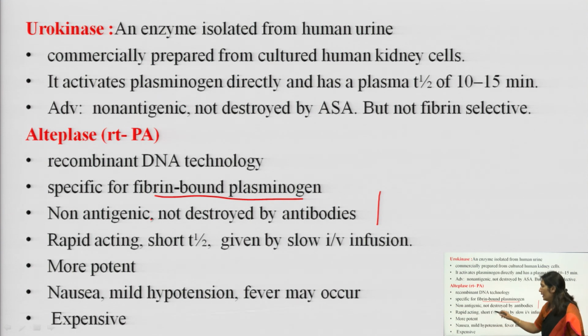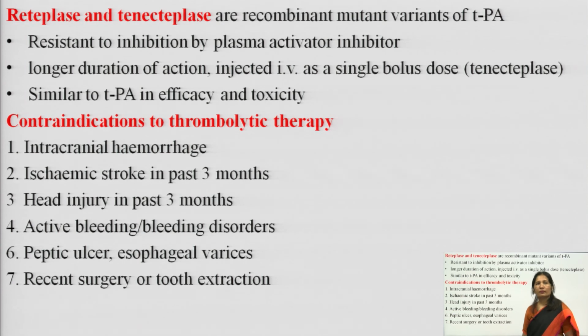It is a rapidly acting drug, with shorter half life, and given by slow IV infusion. Moreover, it is more potent. It causes mild adverse effects like nausea, hypotension, fever may occur, but it is expensive. So, what next is reteplase and tenecteplase.